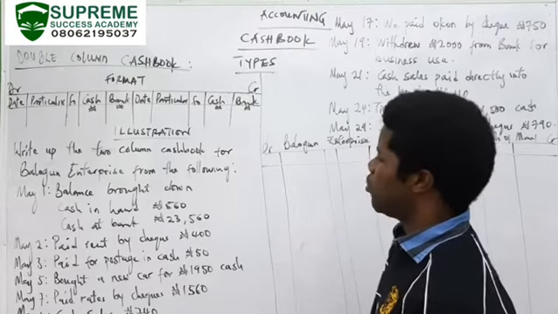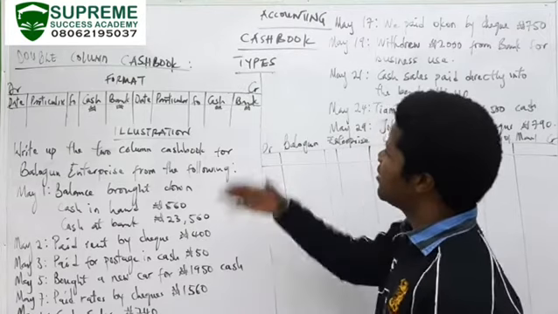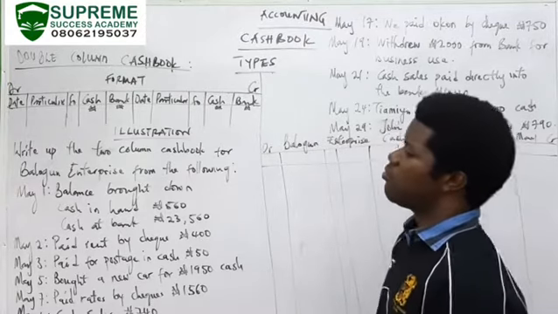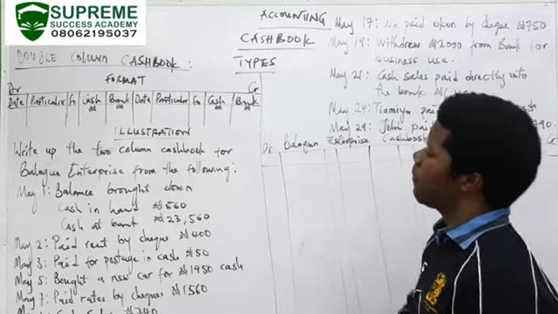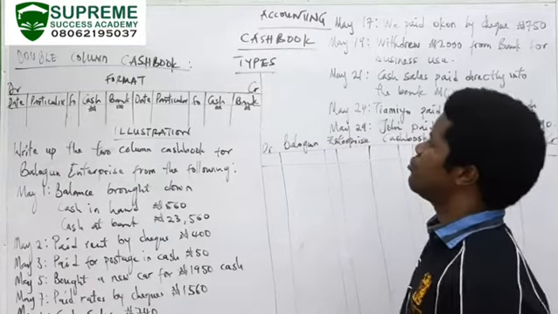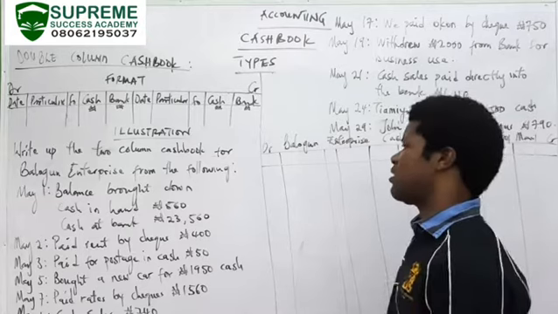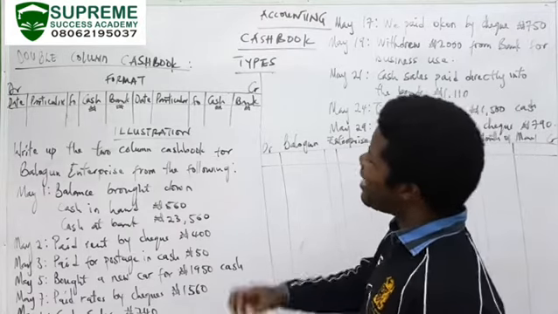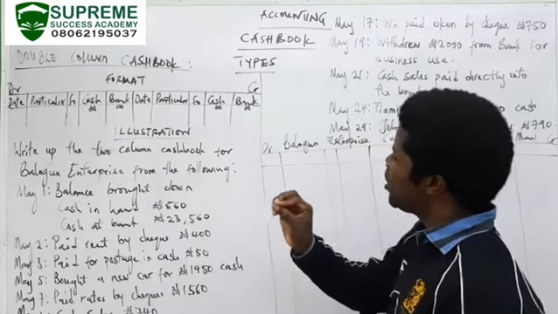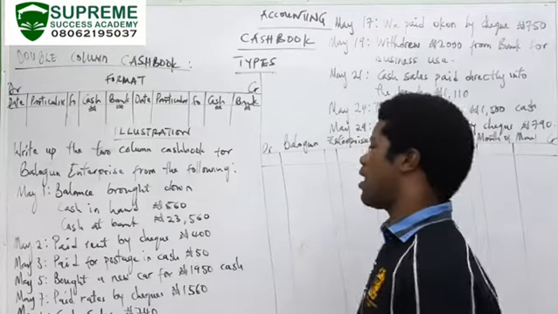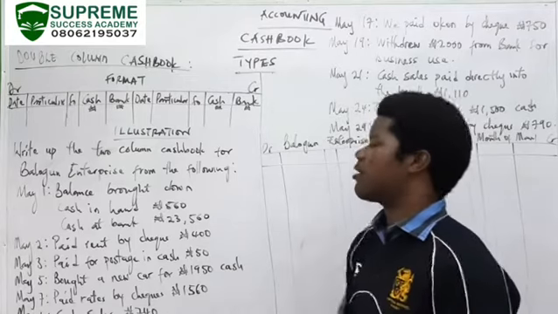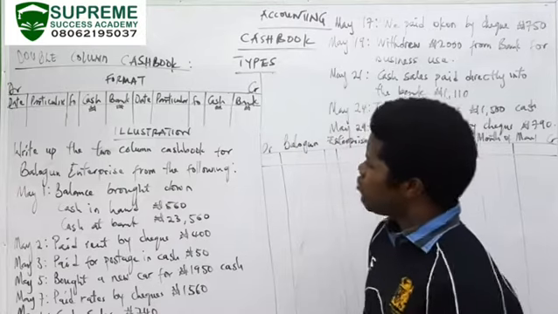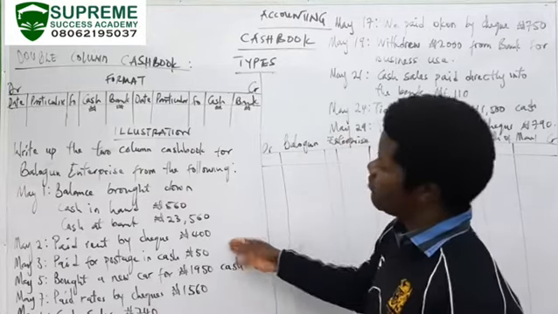So you notice that unlike in the first example of single column cash book where we only have cash all through, in this case you can see that the transactions are identified with either cash or bank, and sometimes check can also be used to represent bank. So we have rent paid by check 400.